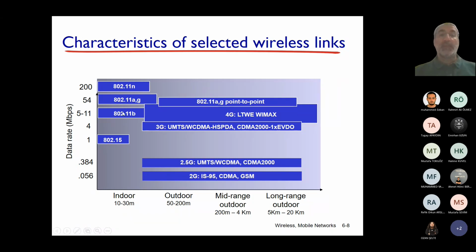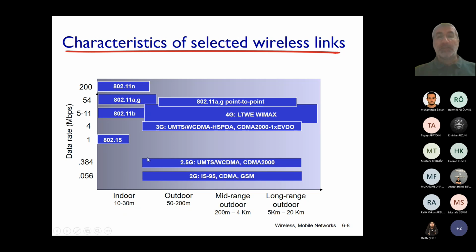And then we have 802.11b, a, g, n, ac, and so on. These are the Wi-Fi standards that are also used for indoor applications or short range. The data rate can vary from 5 megabits per second up to 200 megabits per second. And these are the indoor technologies.